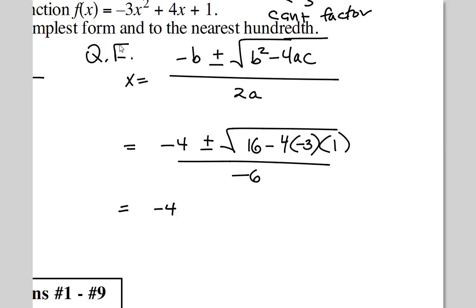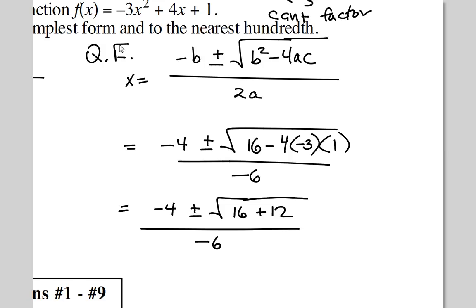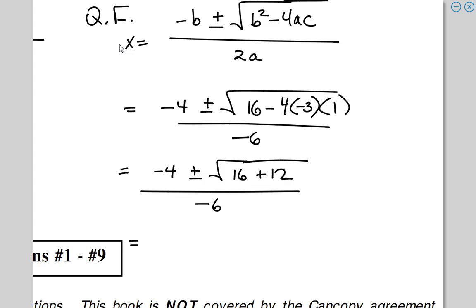Okay, so negative 4 plus minus. What's inside that house there? 16 plus 12. See the double negative? All over negative 6. And we got, what's 16 plus 12? 28. So negative 4 plus or minus square root of 28 over negative 6. Does 28 have a perfect square factor? 4 and 7. 4 comes out as a 2.